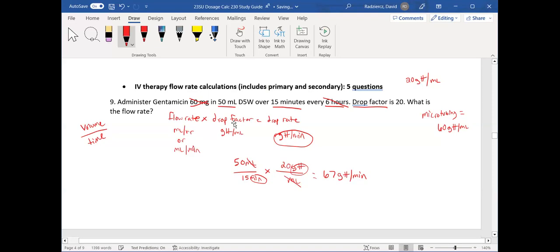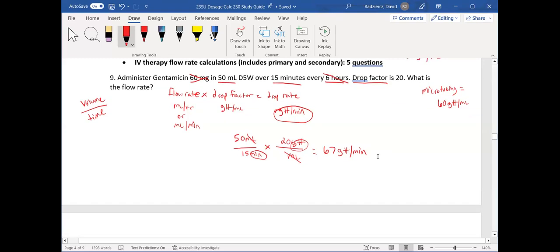But if they have the drop factor there, most likely they're looking for the drop rate. If they were just looking for the flow rate, you could do 50 divided by 15 times 60, and that's where the 200 comes from if you see that in the key. But I would say if they gave you the drop factor, most likely they're looking for the drop rate.